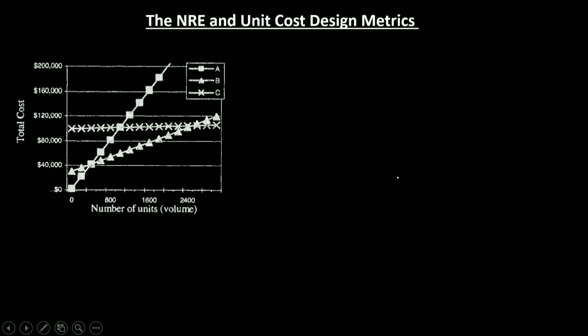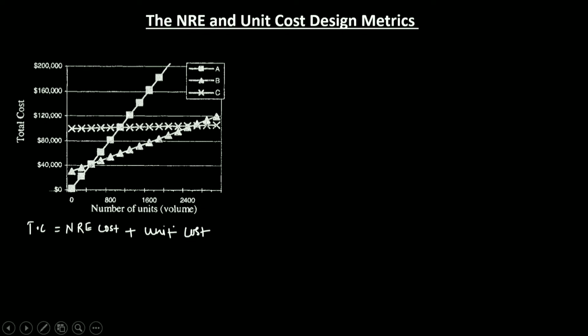We illustrate this concept with this figure. This is the graph where the products A, B and C are plotted, with the number of units in volumes on the x-axis and total cost on the y-axis. For each of three technologies we plot total cost versus the number of units produced, where total cost equals NRE cost plus unit cost times number of units.